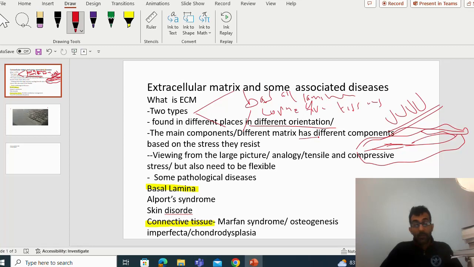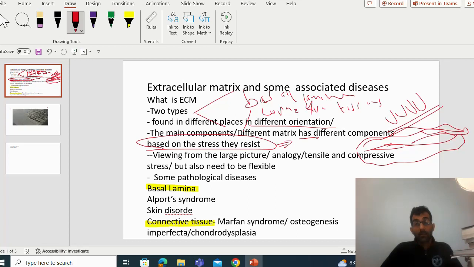The components of the matrix are distributed differently among the tissues, depending on the stress they face. For example, the matrix in the bone is formed as a solid structure, in the cartilage a semi-solid structure, and in the blood vessels and the cornea it is adapted as a transparent structure, and there is a rope-like structure in the tendon.